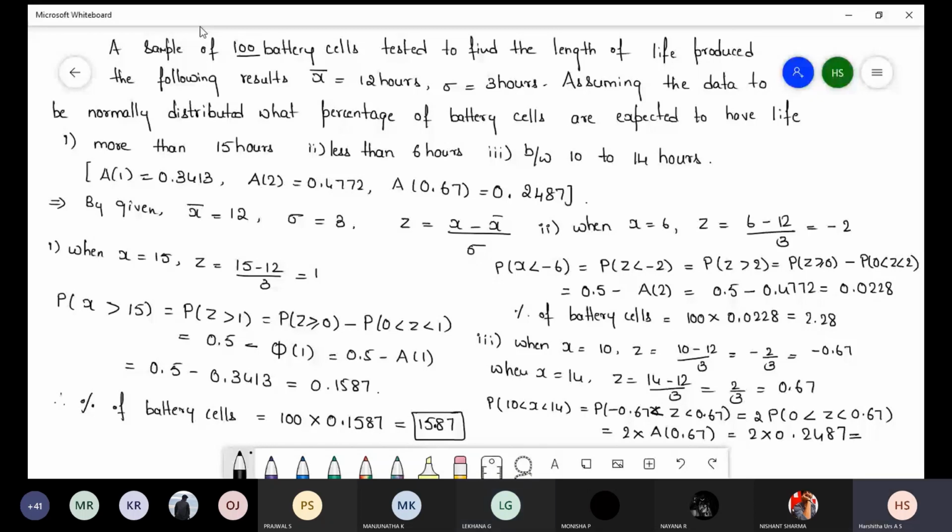Percentage of battery cells is 100 into 0.4974, that is 49.74. Yes, this is the solution of this problem.